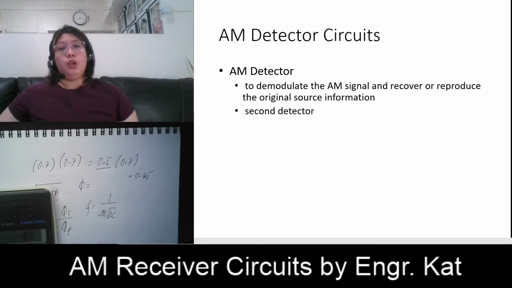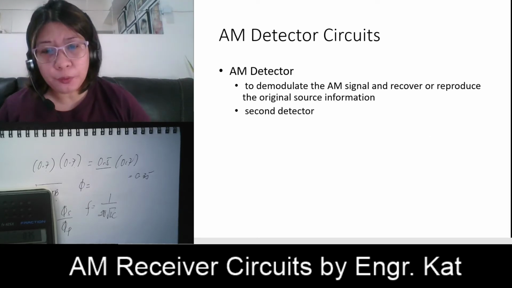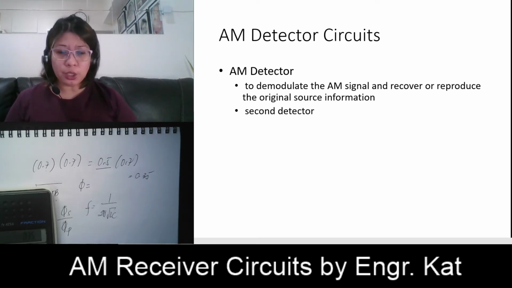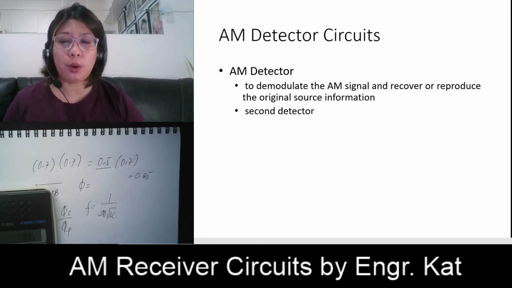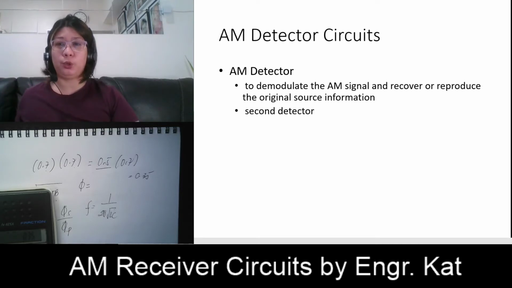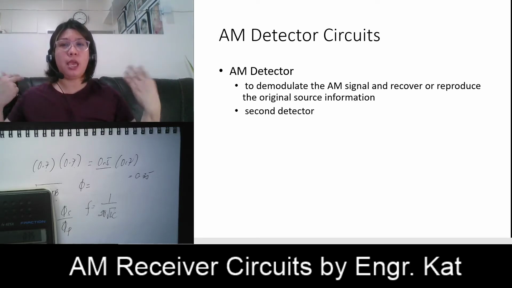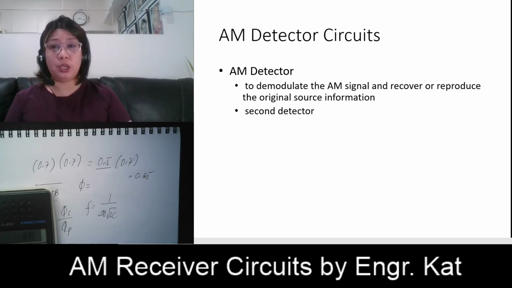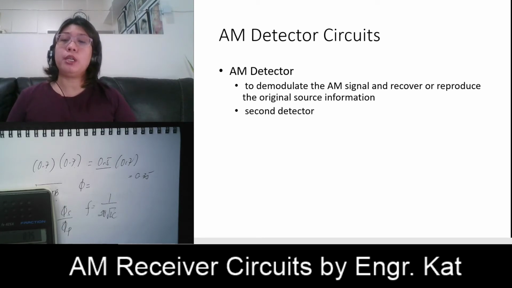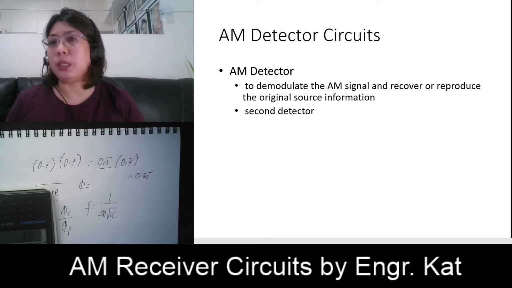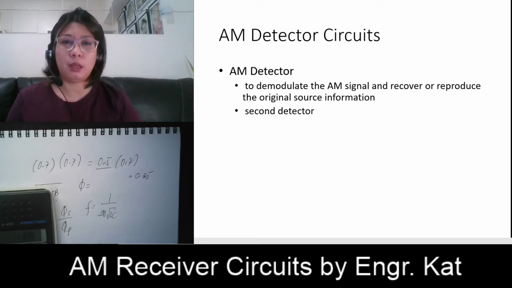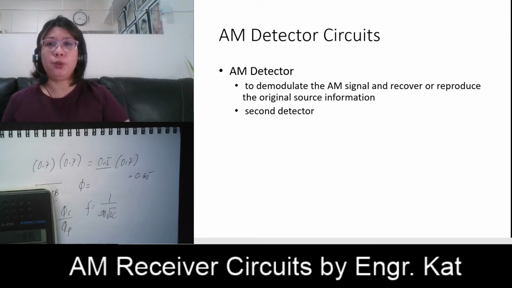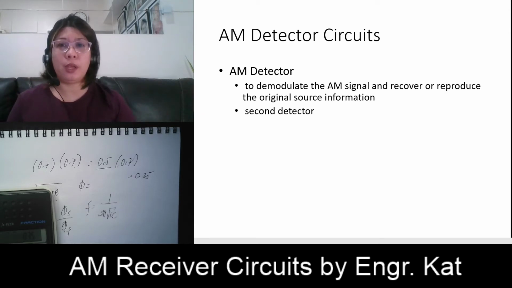Following the intermediate frequency section, the next stage is our AM detector. What is the purpose of your AM detector stage? Its purpose is to demodulate the AM signal and recover or reproduce the original source of information.